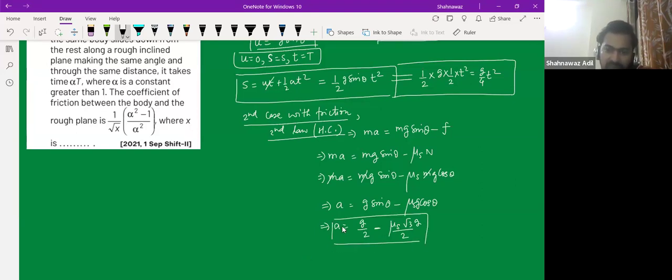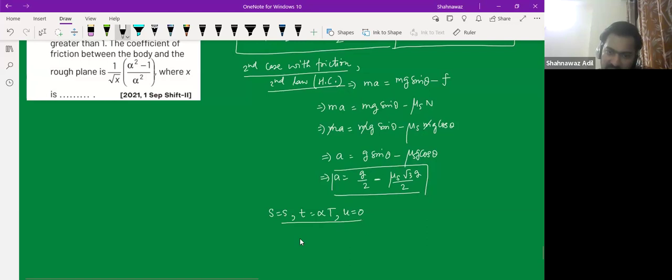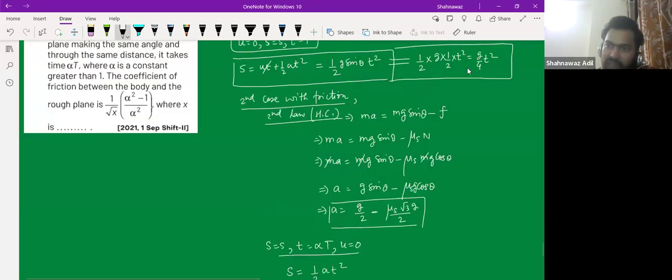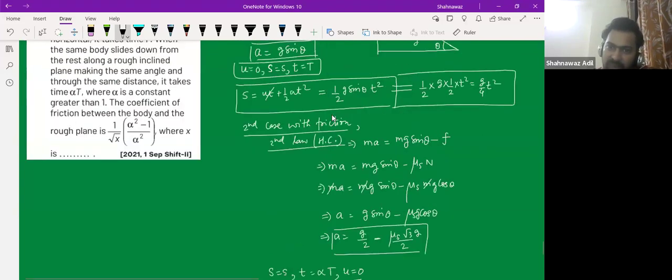Now we know this acceleration is also constant, uniform. So what would be the distance? Let's say the distance is s, same. Time they have given is alpha into t, and u is 0. So if we write the distance, that is half at square, right? s we know: s is g t square by 4, and that is capital T, right?